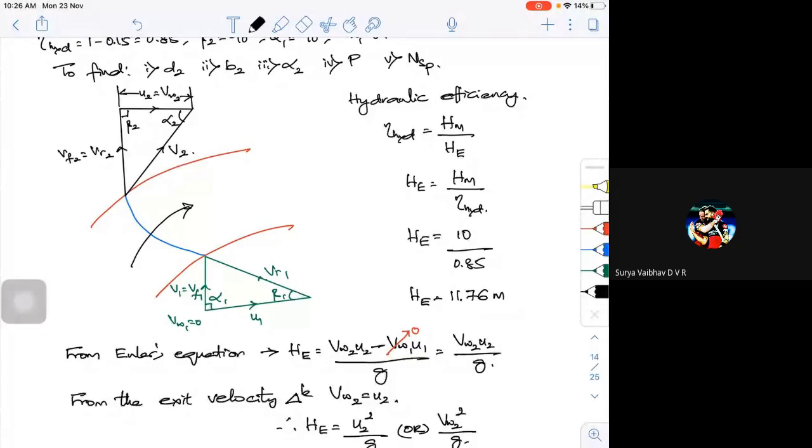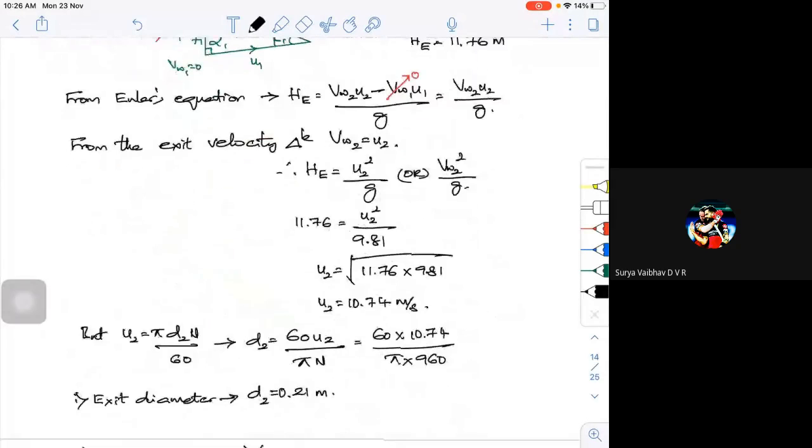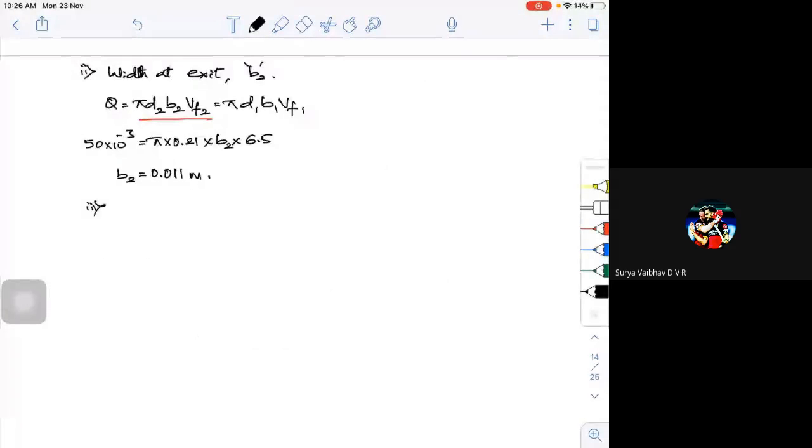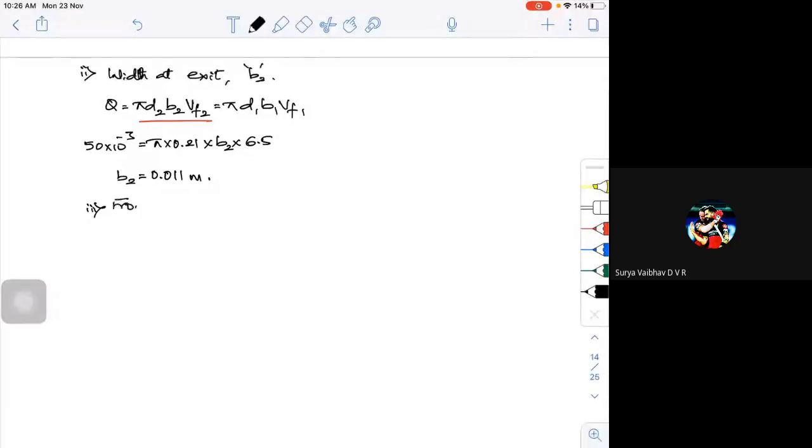So from the exit velocity triangle, I know tan alpha 2 is equal to VF2 divided by U2.